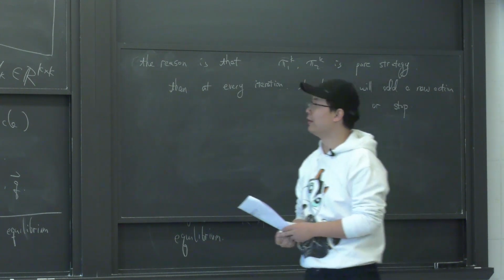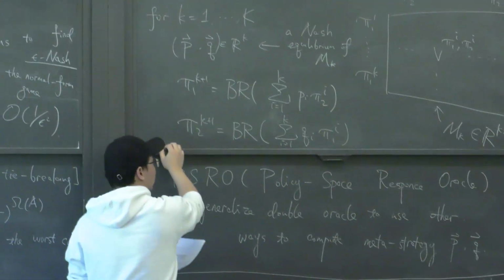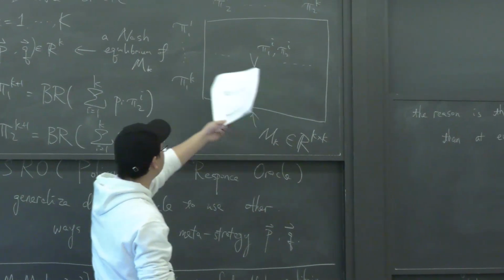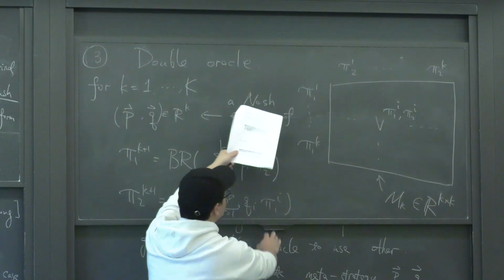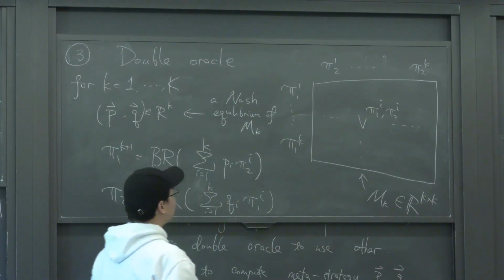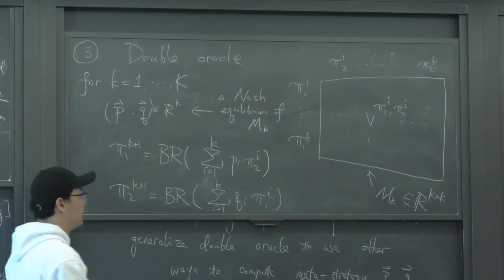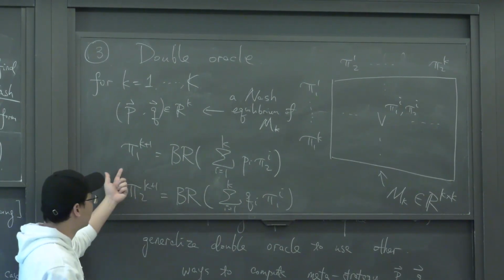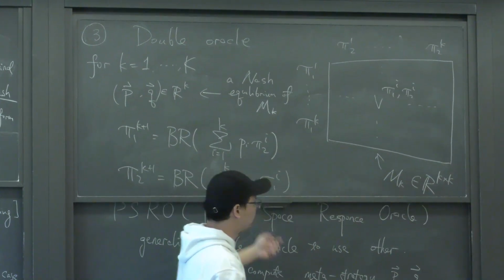Basically, if the best response you computed is not a new action, that means this matrix will not be updated. Whatever policy you have here is actually the same; what you have is exactly the same action with an additional row. So when you compute the Nash equilibrium, everything will be the same, and the algorithm will not make any meaningful update. Only when the best response is a new action will you add it to this matrix and expand this matrix.